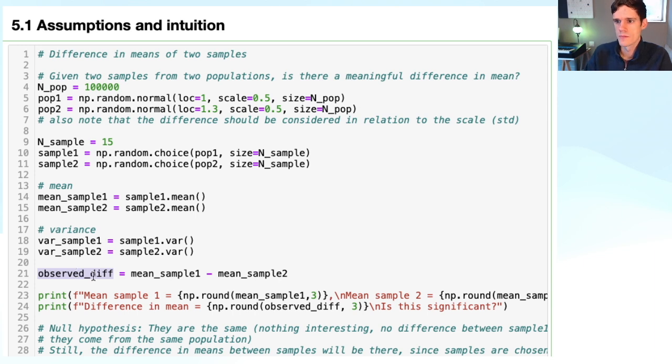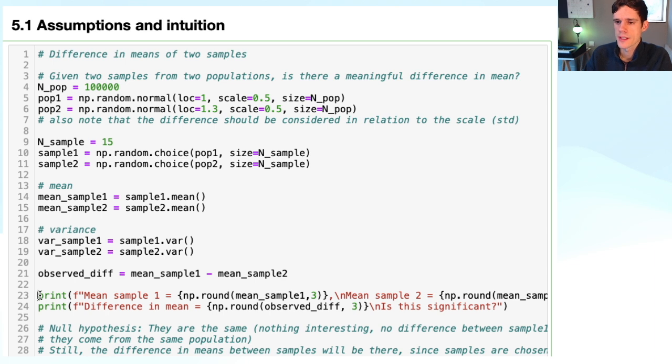So we take the mean of sample 1 and we subtract the mean of sample 2. Now this will give us a number, the observed difference. And then again, the challenge is to, by judging only on this number, can we deduce or conclude that there will be a significant difference in mean of the underlying populations from which these samples are drawn.